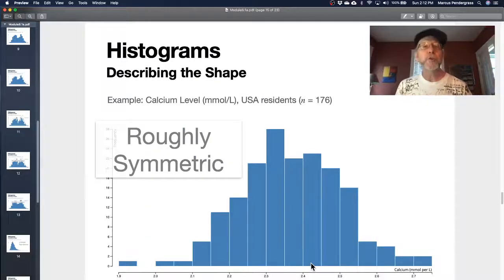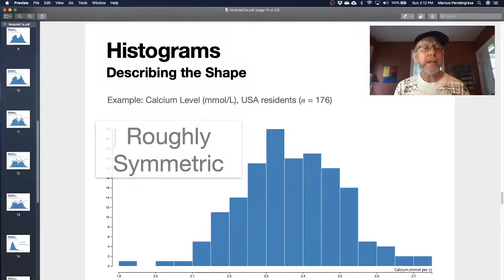Here's another distribution. This is blood calcium levels in millimoles per liter. The sample is smaller here, just 176 individuals from the United States went into this data set. And we would call this distribution roughly symmetric and unimodal.